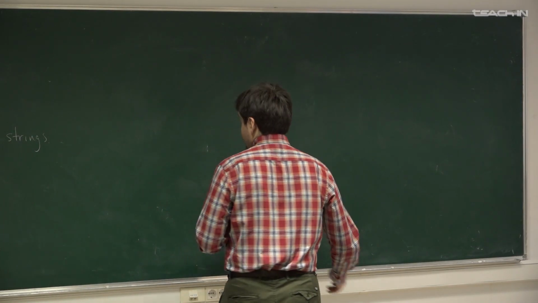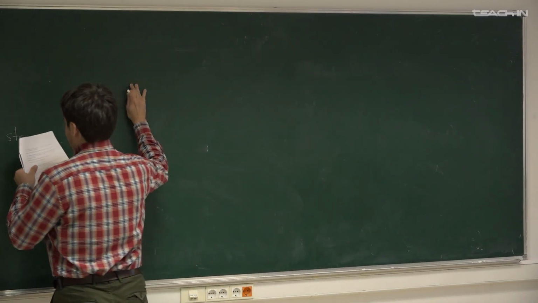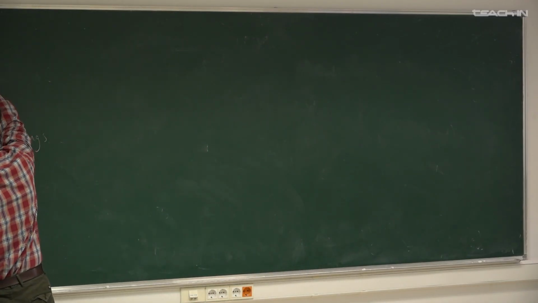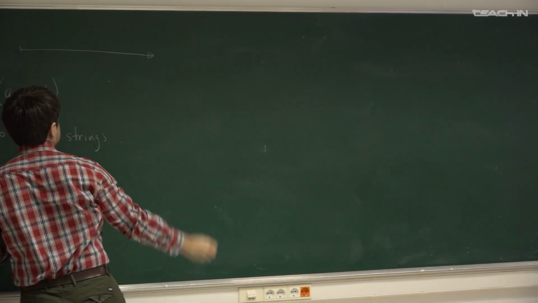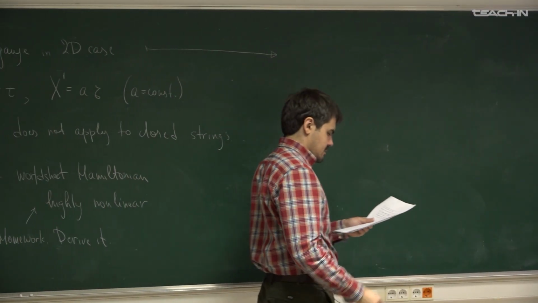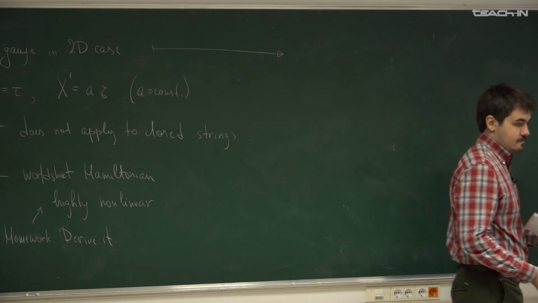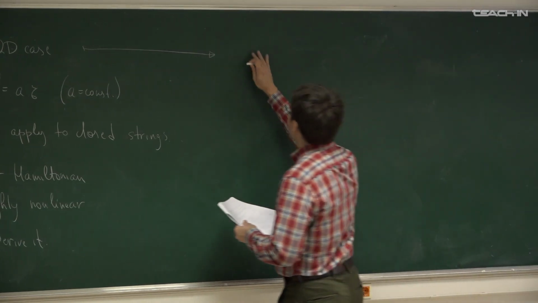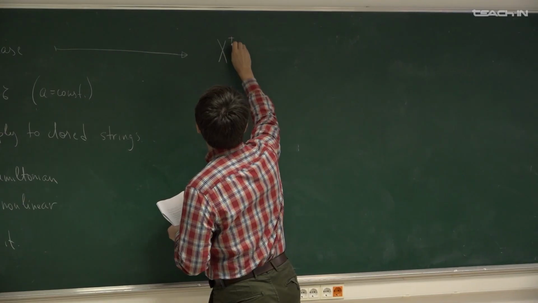So the better choice is the light cone gauge. Again, we have a larger freedom than in the particle case, so we can fix two functions. And just like before, we will set x plus equals tau.